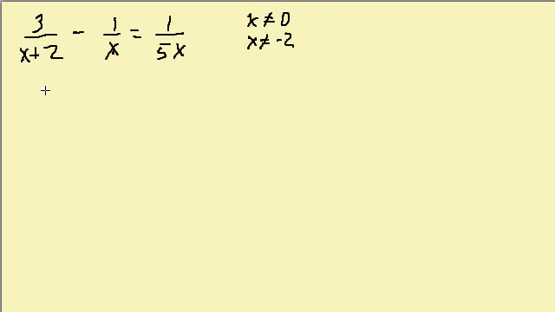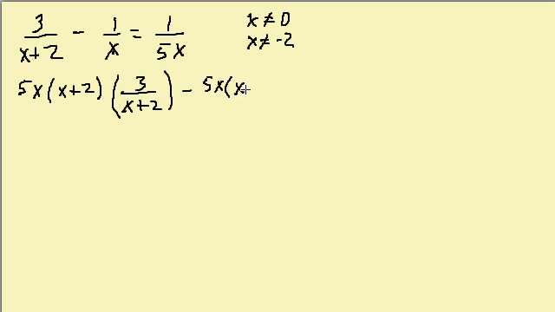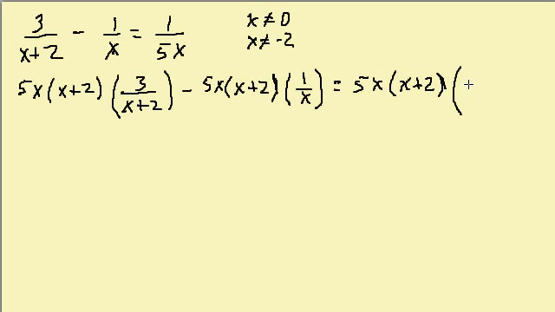Alright, so now I need to get my common denominator, which is 5x times x plus 2, and I'm going to multiply it to each term. Okay, so now let's cancel everything.